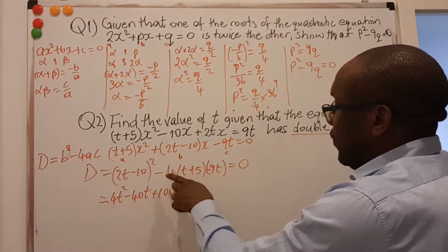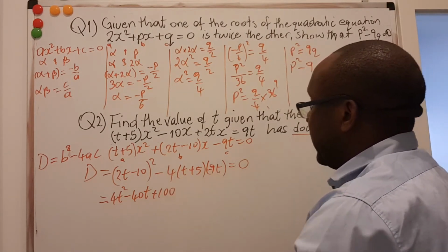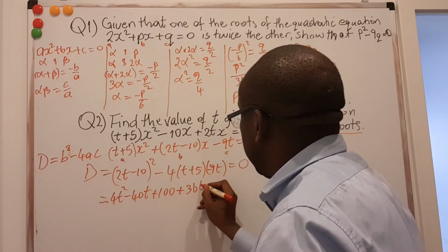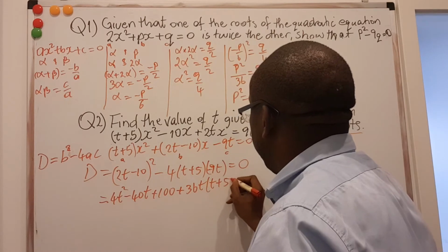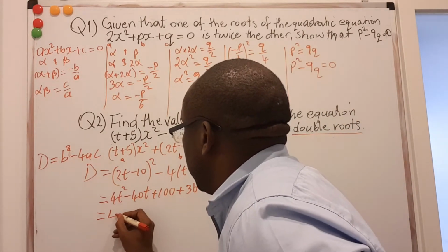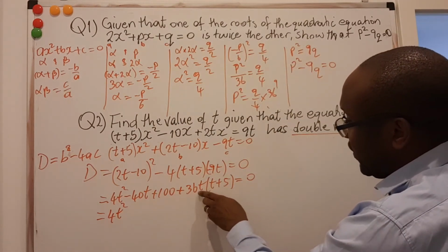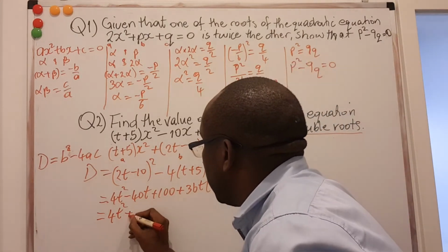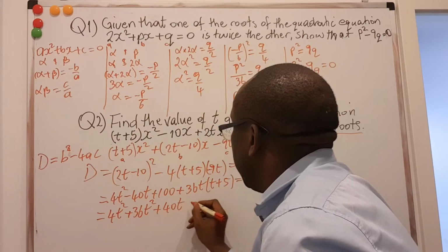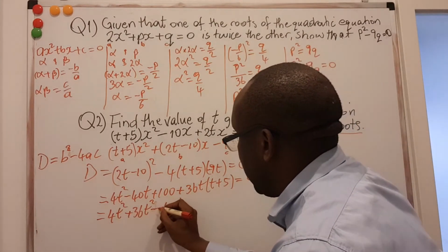If I take this out, I just see that, for example, minus 4 times minus 9, you are going to get a plus 36t into t plus 5 is equal to 0. Rearrange it once more. So this is 4t squared. If I multiply this out, this is 36t times t is plus 36t squared, and minus 40t there.